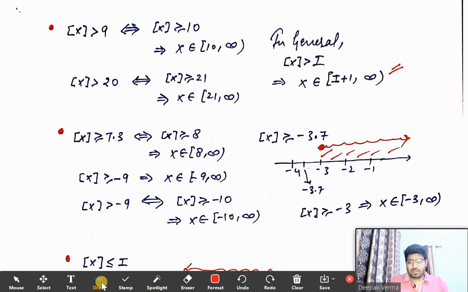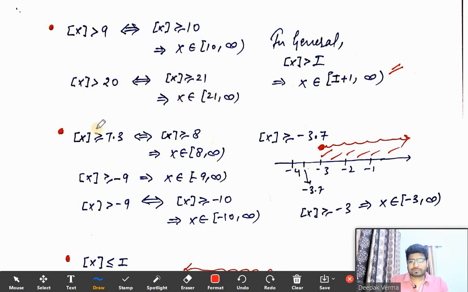I hope you got what I am saying. Now let us take the example box x greater than 20. First we will write box x greater than or equal to 21, the next integer of 20 is 21. Then x belongs to 21 to infinity.